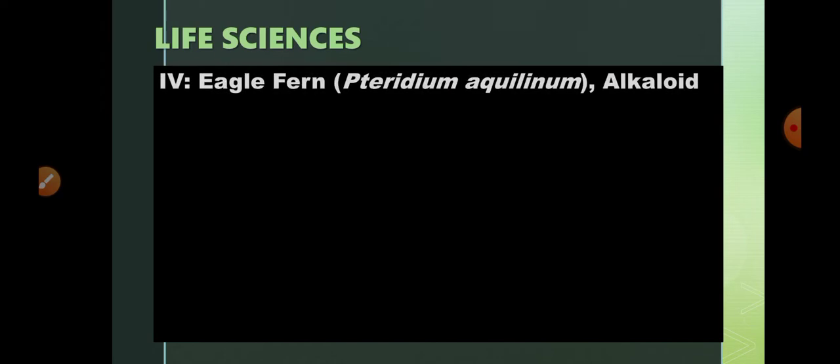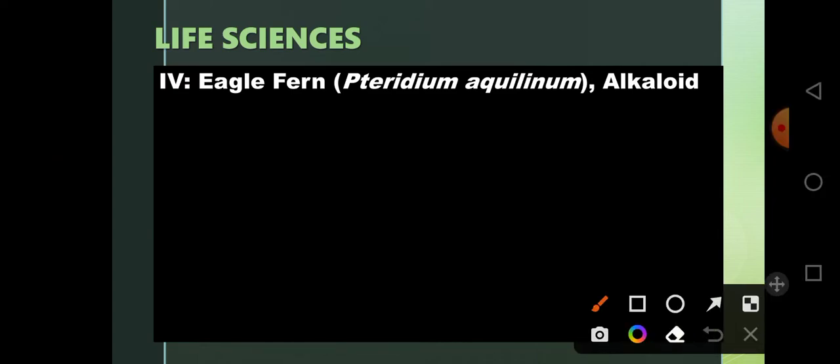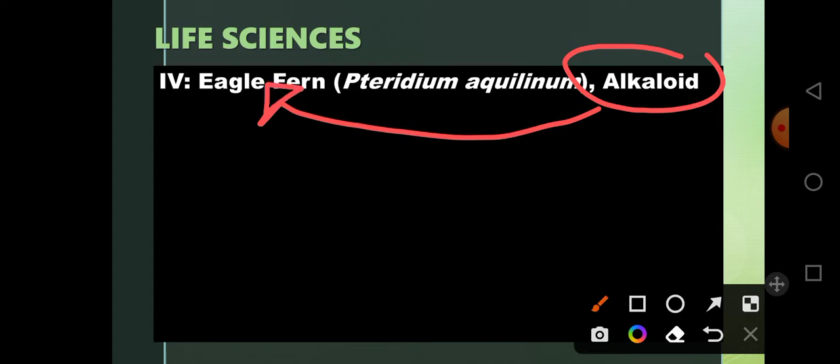So we have the following information. Our category is life sciences. Okay, and we have eagle fern as our independent variable. And eagle fern actually contains alkaloid, okay, as a potential substance derived from our eagle fern. Okay?